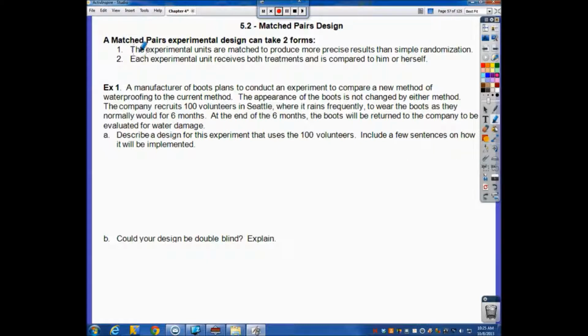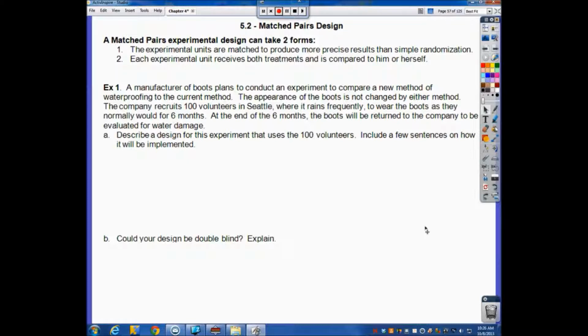Now, the first one, where they said the experimental units are matched to produce more precise results than simple randomization. What that means is we have, say, two individuals, you and someone pretty similar to you in terms of specific characteristics, and it depends on the context of the problem.